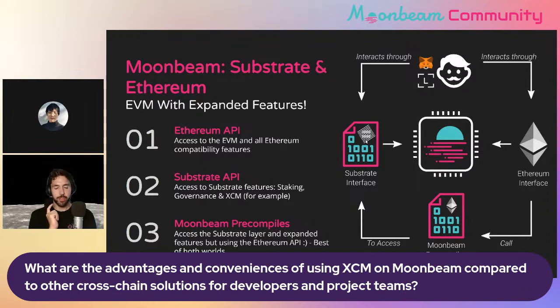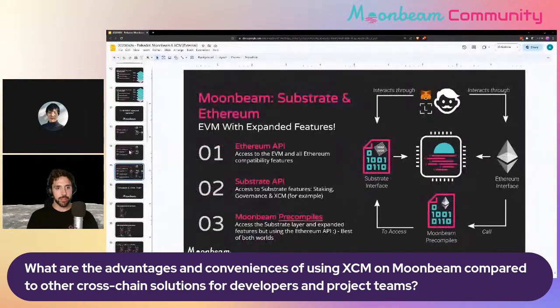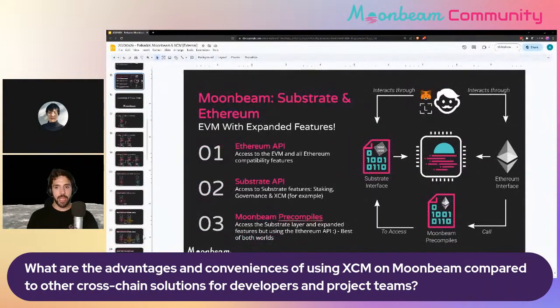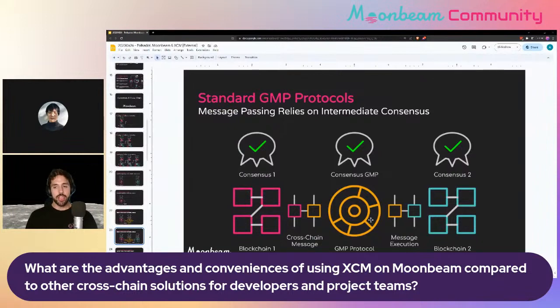Compared to other cross-chain solutions, let's say you're comparing XCM to any other GMP protocol, Axelar, Layer 0, Wormhole, Hyperlane, Multichain, whatever you prefer, I would say the main benefit of XCM is that it's native to Polkadot, right? If you remember what I was talking about here, in this example you need to rely on an intermediate consensus that is not the same as consensus 1 or consensus 2. It's a separate consensus that might have its own hiccups.